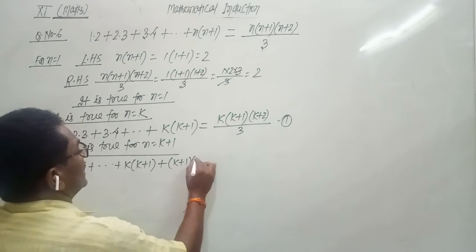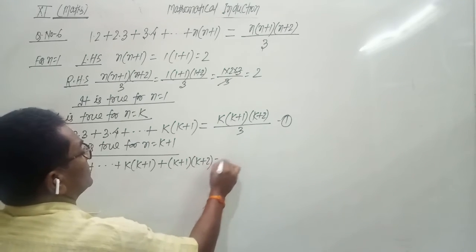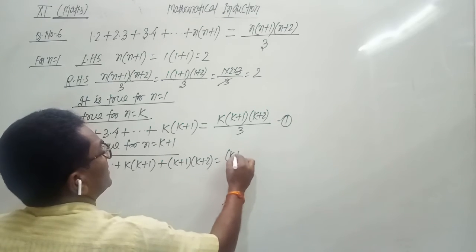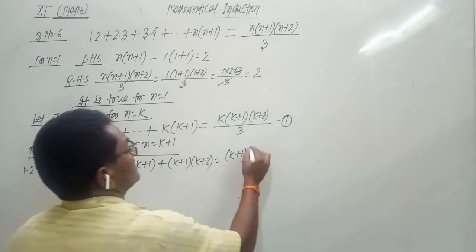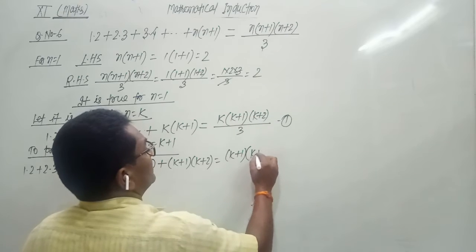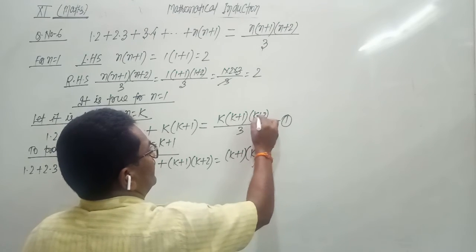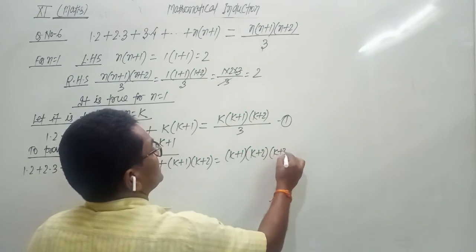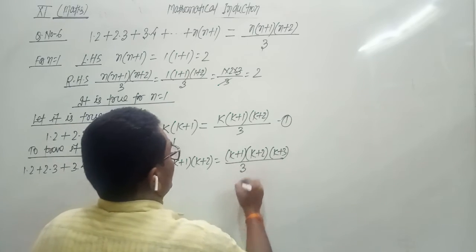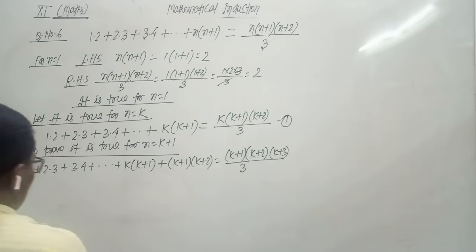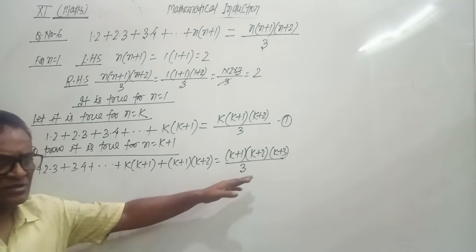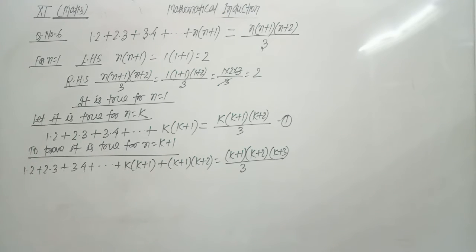So this becomes k plus 2. And on the right side, k plus 1, this becomes k plus 1 plus 1 means k plus 2, k plus 1 plus 2 means k plus 3 upon 3. And we prove LHS equals to RHS.